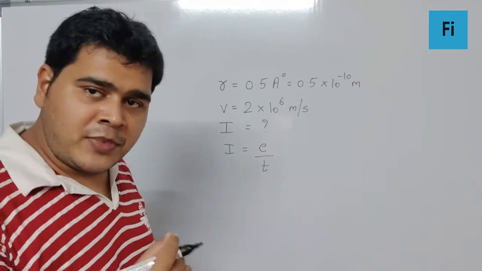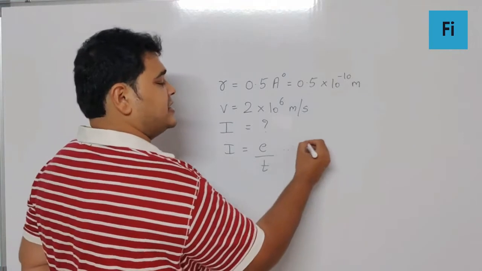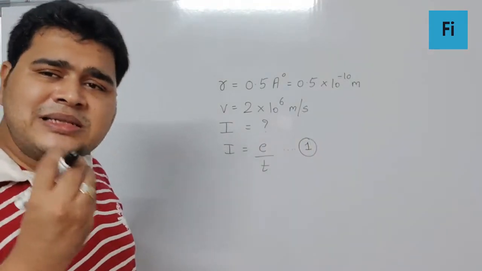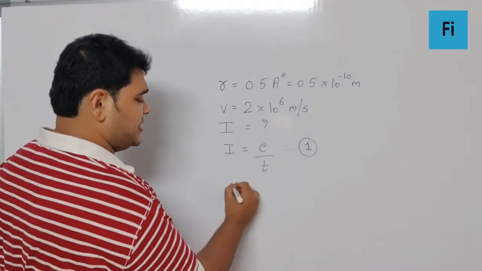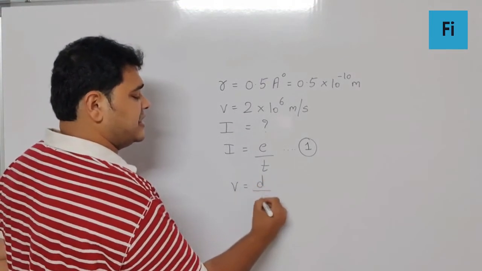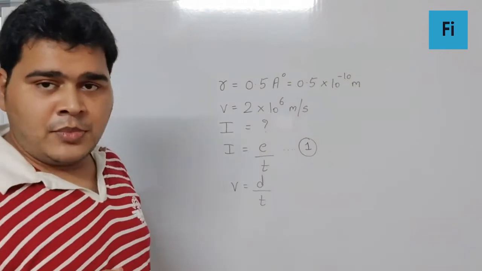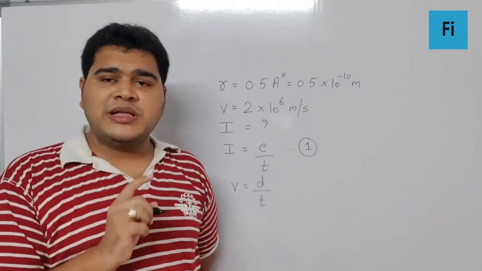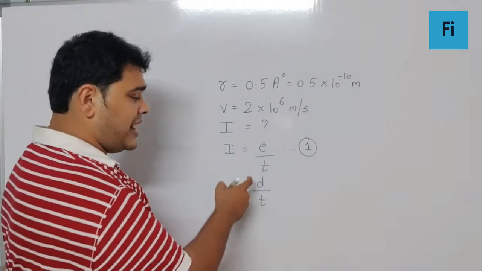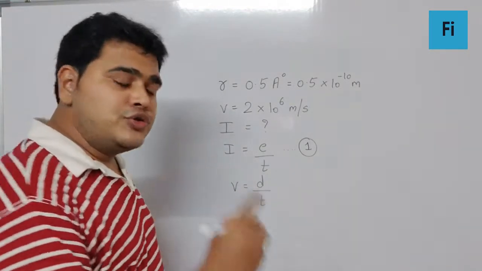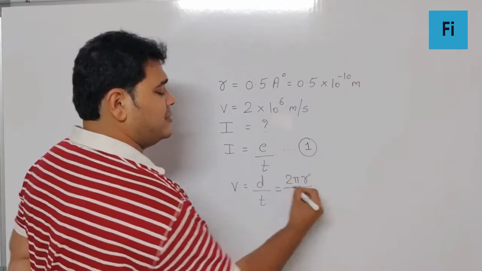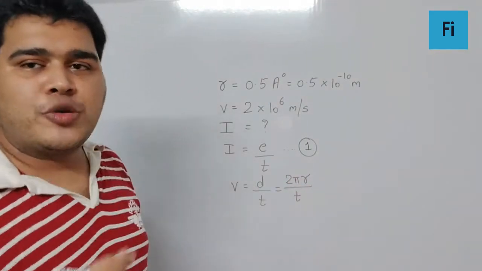Now here, if I take this as equation number 1 and I apply a simple formula of velocity, which is the distance covered per unit time, can I say when it is orbiting around the nucleus, the distance covered by the electron in one revolution is going to be 2 pi r, which is nothing but the circumference of that orbit.